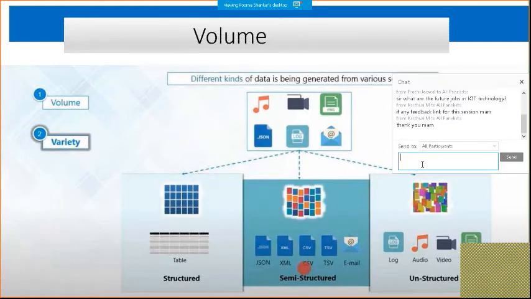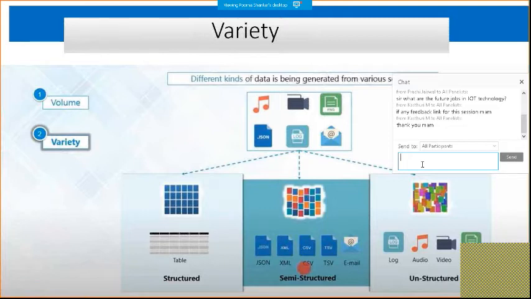So almost doubled. Then variety, as I talked about: structured, semi-structured and unstructured. If you have data organized properly in a tabular format, like the student database or a library database in the college, or financial transactions, maybe a salary or an income and expenditure statement, everything has a fixed format.